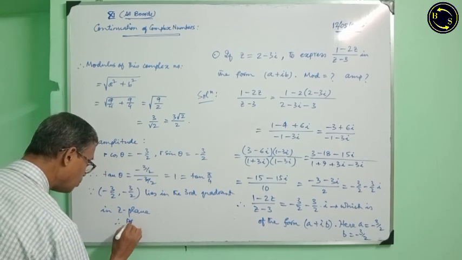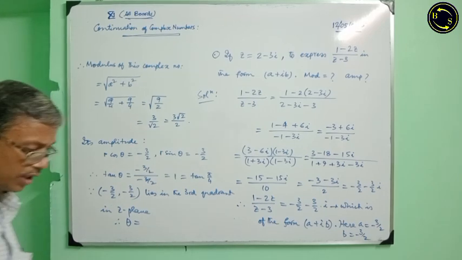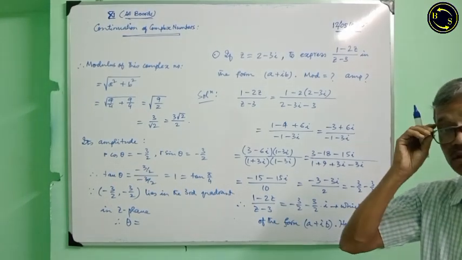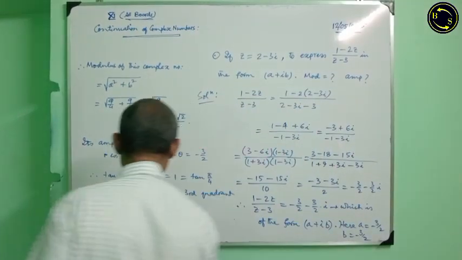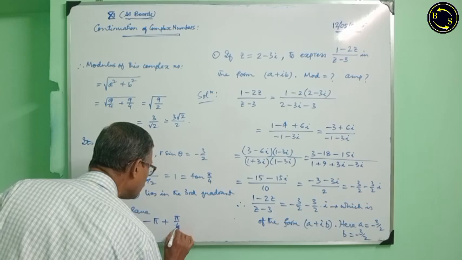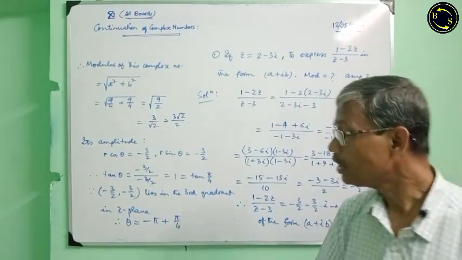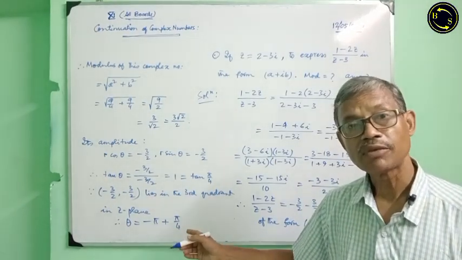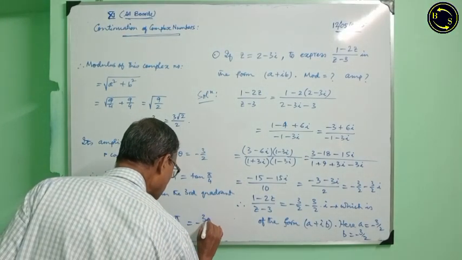Therefore, theta will be equal to, already I have mentioned that in that case you have to apply that concept, minus pi plus theta. Minus pi plus pi by 4. Since the point lies below the x-axis, we have to express the amplitude in that form. Therefore, after simplification, it will be minus 3 pi by 4.